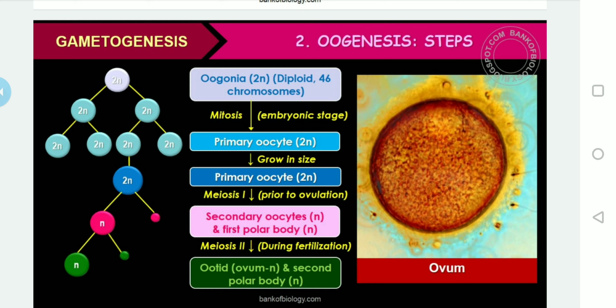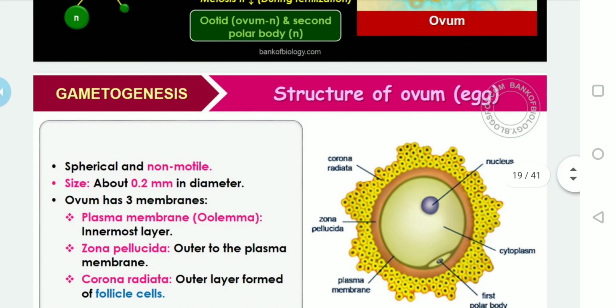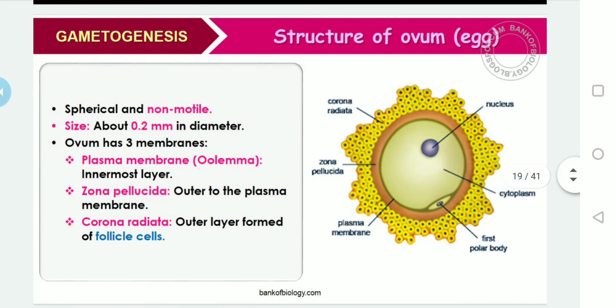Finally, the polar bodies are disintegrated. And meiosis II will be completed only if the egg is fertilized. You got it?